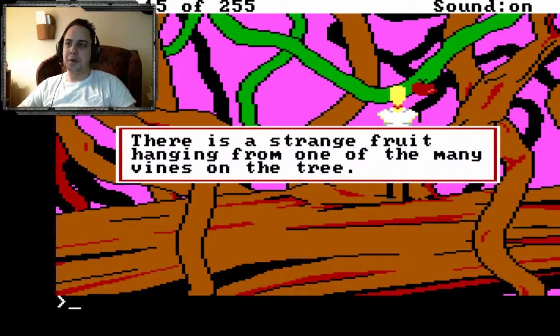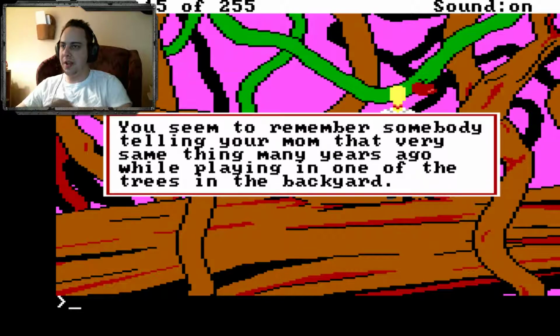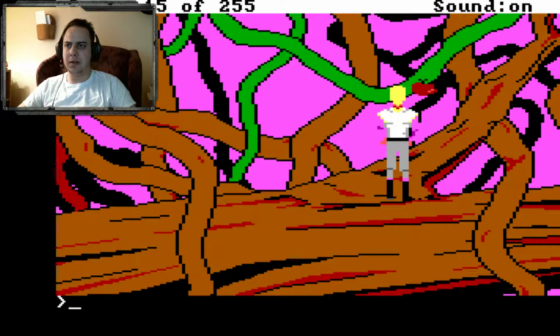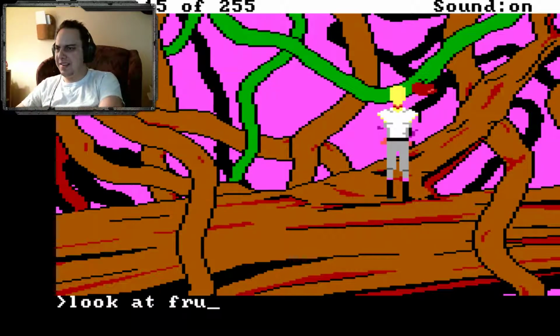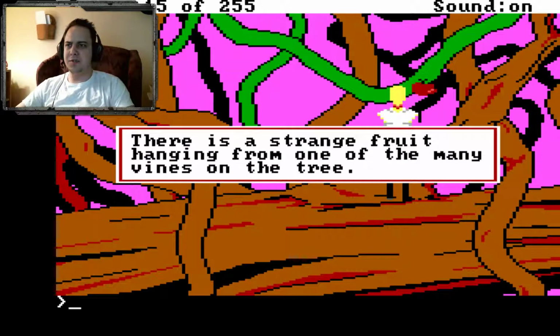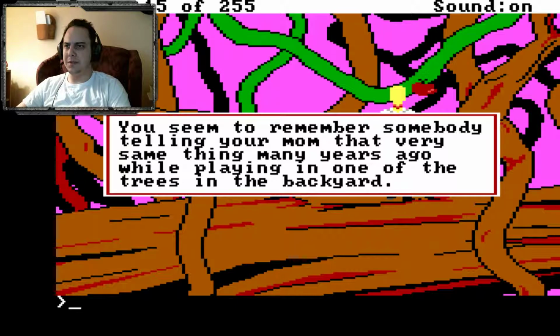There's a strange fruit hanging from one of the many vines in the tree. You seem to remember somebody telling your mom that very same thing many years ago while playing in one of the trees in the backyard. Wait, what?